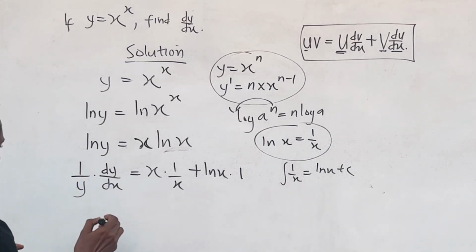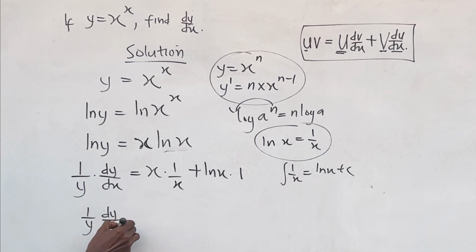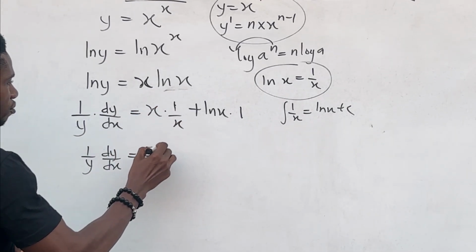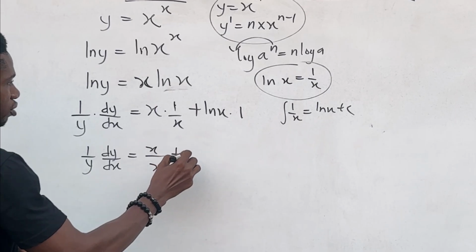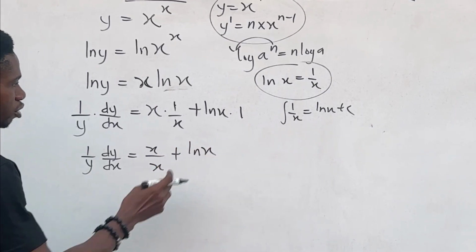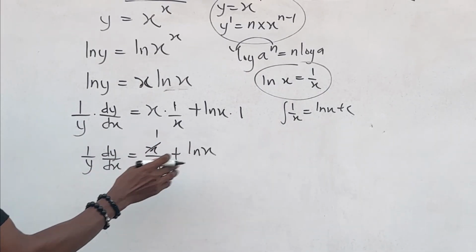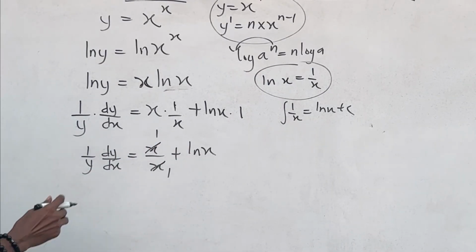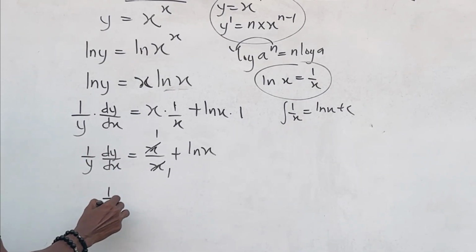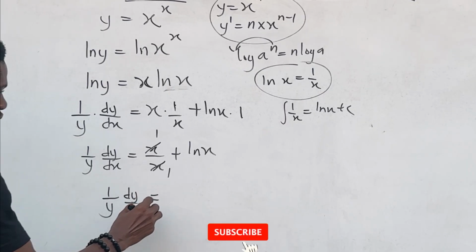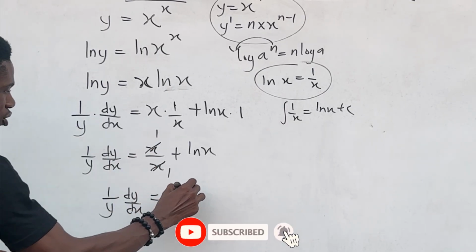Okay, so let's make it clear. 1 over y dy/dx equals x multiplied by 1 over x, that's x over x, plus ln x, because 1 multiplied by ln x is also ln x. So x over x will cancel, obviously. We'll have 1.